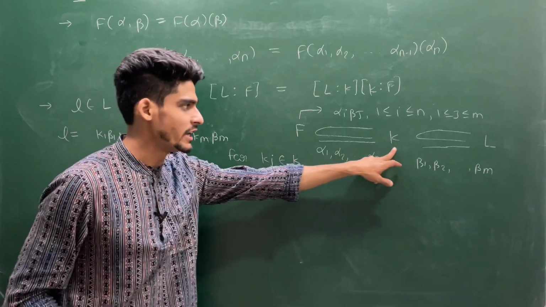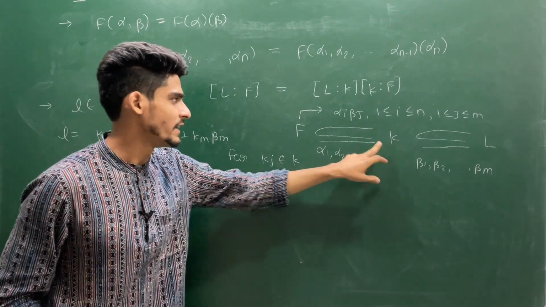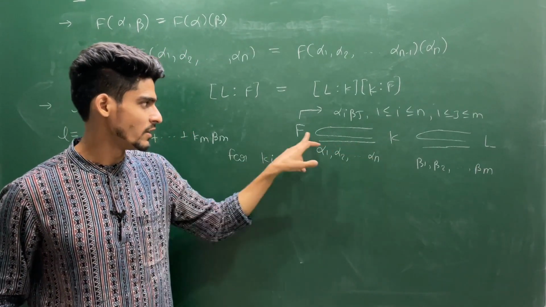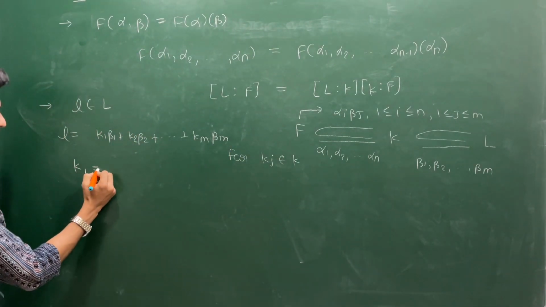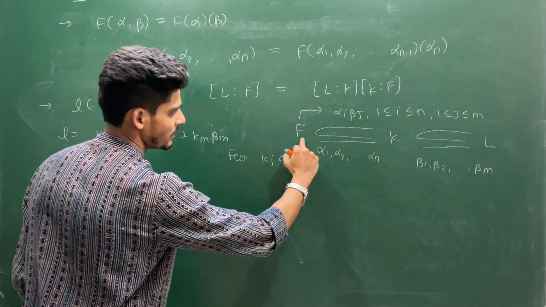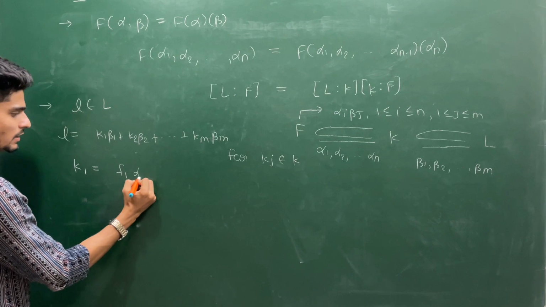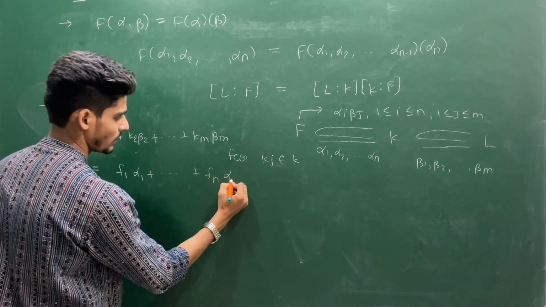But now each ki is an element of K, and K has a basis alpha 1, alpha 2, alpha n over F. So k1 can be written as some linear combination of alpha i's with coefficients from F. So I am writing, say, f1 alpha 1 plus up to fn alpha n.